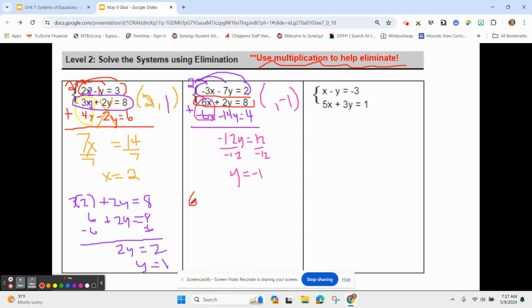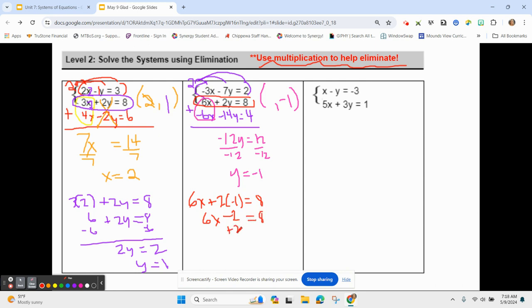So here we go. I've got 6x plus 2, and now instead of the y, I'm going to put a -1 in. There it is. I've plugged in my -1 for y. All of that equals 8. So we've got to get the x alone. This turns into a -2, so it's 6x plus a -2 equals 8.